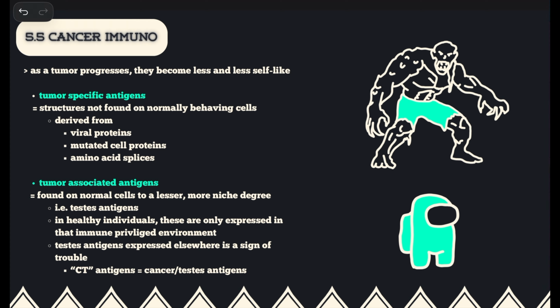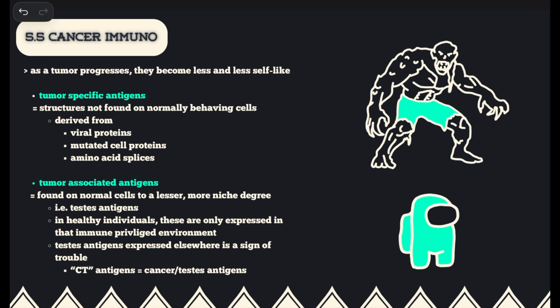So when the cancer has caused the machinery of my cell to be so mutated that I'm now presenting markers on my membrane that are also mutated. Another example of this is amino acid splices. So if protein binding and chemistry in the cell is going completely haywire because of the cancerous mass, we can just end up combining random amino acids and creating these just nonsense markers on the cell membrane, which are not supposed to be there.